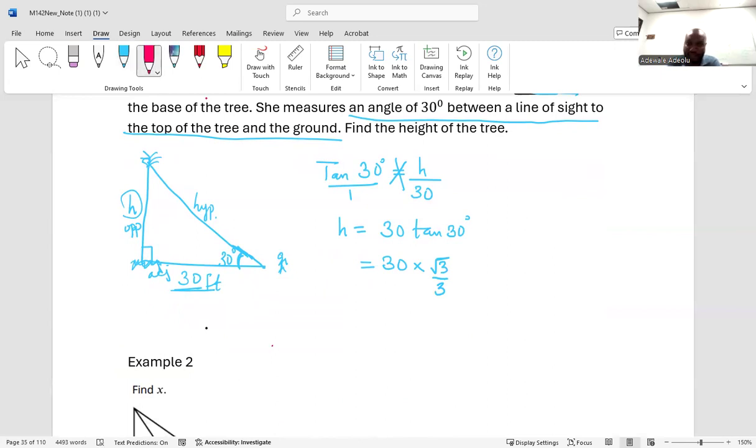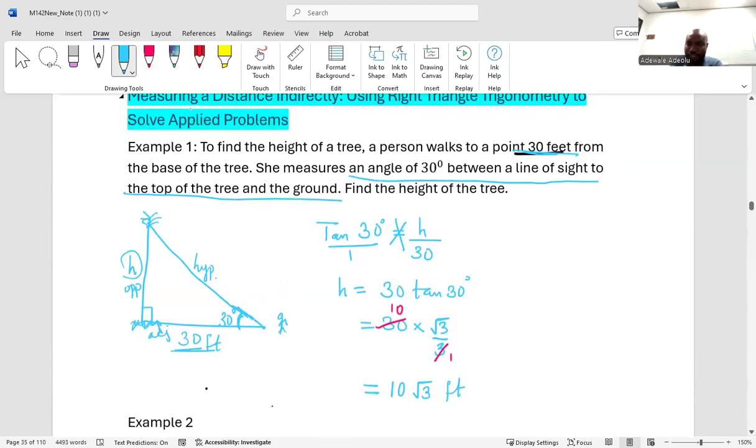So we can say 3 here 1, 3 here 10, and our answer will be 10 square root of 3. You do not need to do anything to this other than just put the unit. We know the unit to be feet from the problem statement.